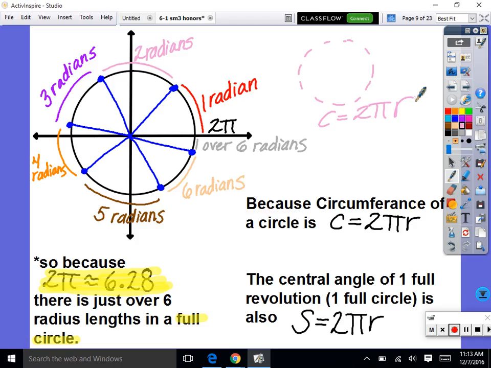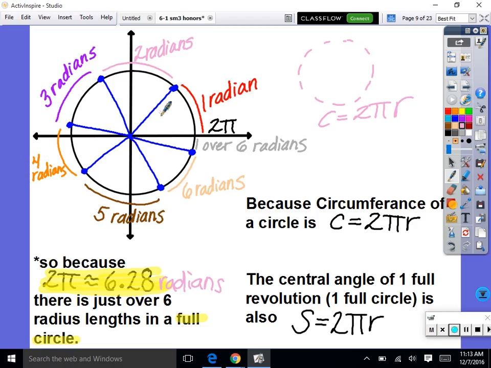So guys, if my radius is 1, the full distance of the outside is 2 pi, which makes sense, right? 2 pi, circumference of a circle, 2 pi times 1, radius of 1. So if we have a radius of 1, the full distance of the outside of the circle is 6.28, and that would be radians. So once again, remember what a radian is. It's when it opens up and finally that arc is equal to the length of the radius.